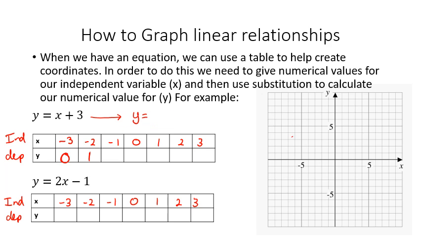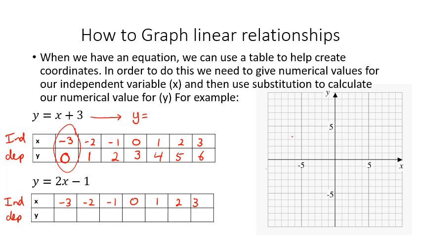I've now found the value when x is -2, so now I'm going to do the same for the others. When x is -1, that's going to give me an answer of 2. And you'll probably start to see a bit of a pattern. When x is 0, I get 3. And when x is 1, I'll get 4, 5, and 6.